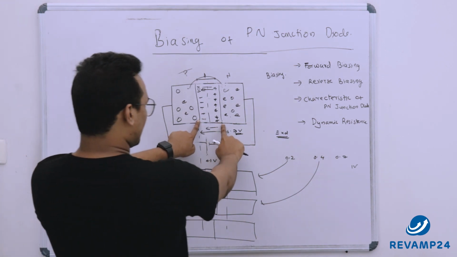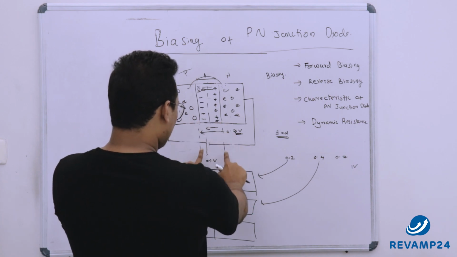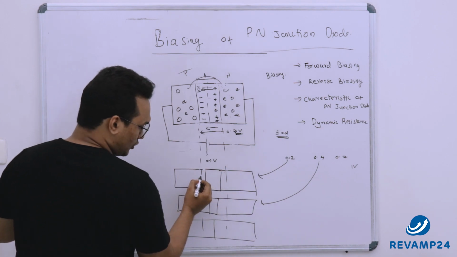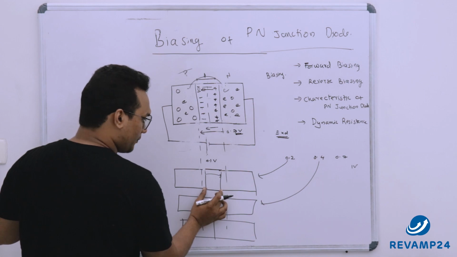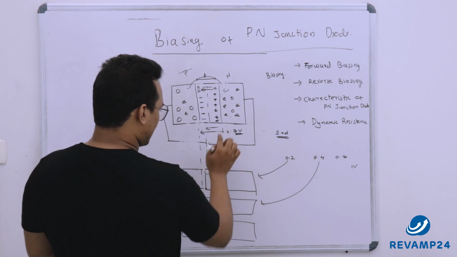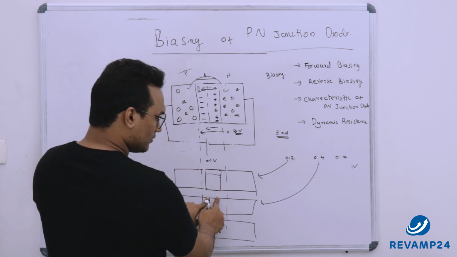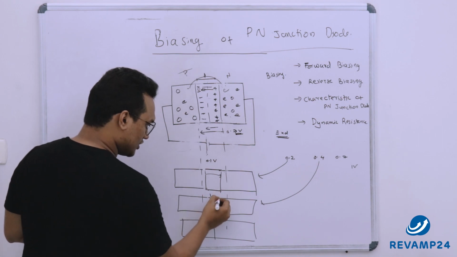See, this is the barrier potential initially. Now on increasing the potential, it has become a lesser value. Now to send current, it has to only oppose this much barrier potential. Now we have again increased the external potential. That has reduced the thickness of the depletion region. Now the value is this much.